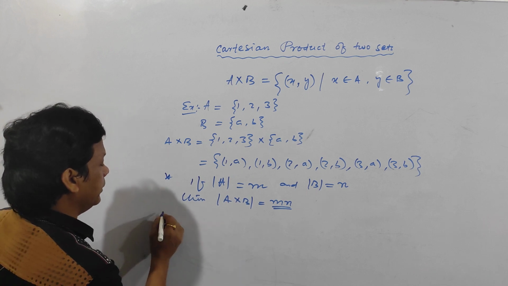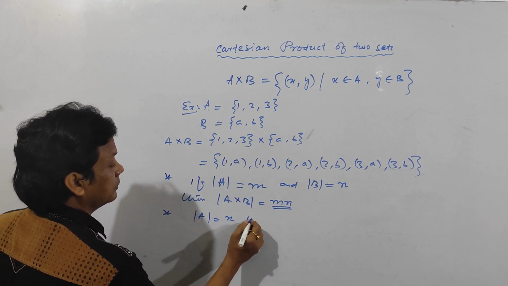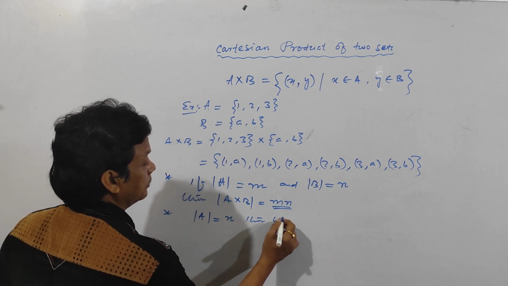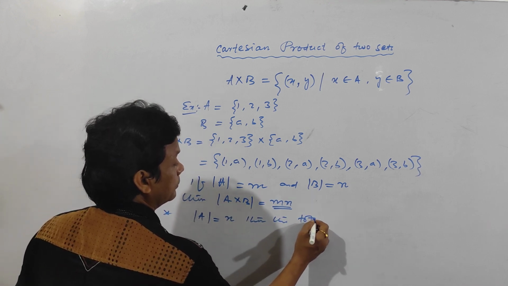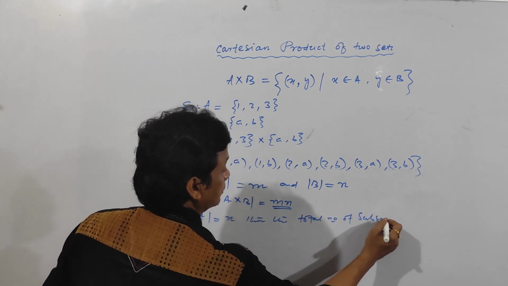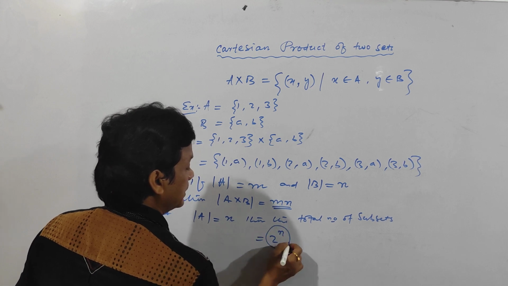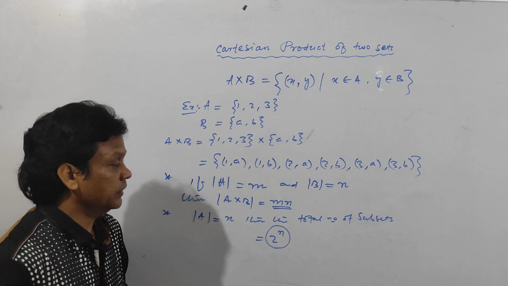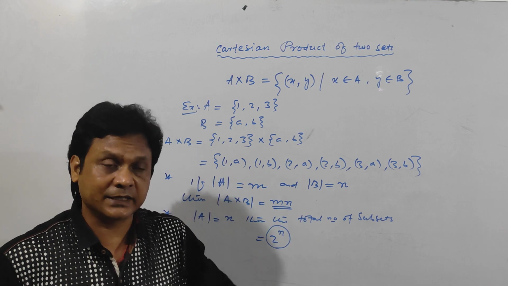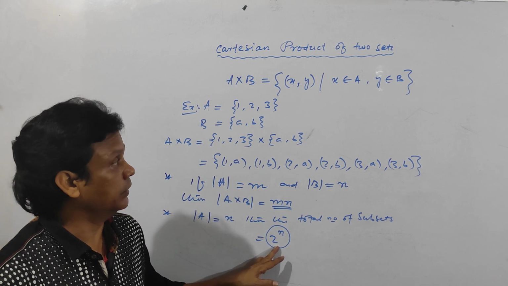And another property, already known to you: if a set contains n elements, then the total number of subsets of that set is equal to 2 to the power n. Already it is known to you. Clear?